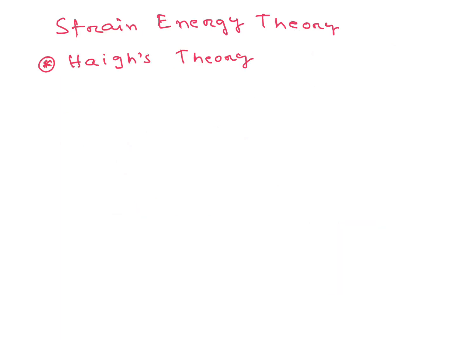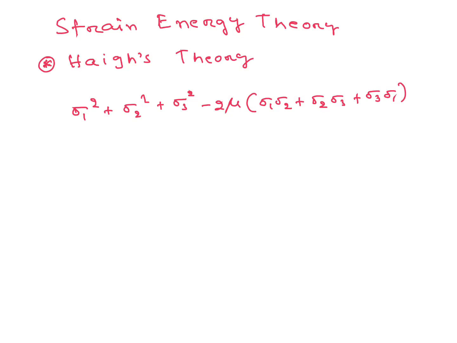Then strain energy theory or Haigh's theory. Sigma 1 square plus sigma 2 square plus sigma 3 square minus 2 mu into sigma 1 sigma 2 plus sigma 2 sigma 3 plus sigma 3 sigma 1 equals sigma y square.